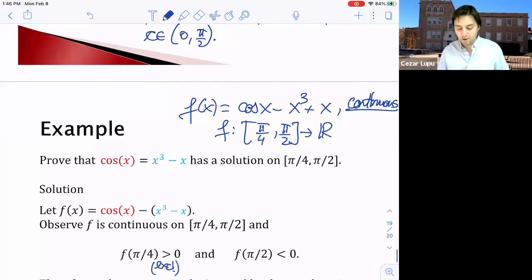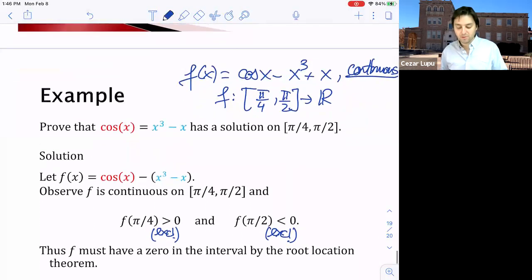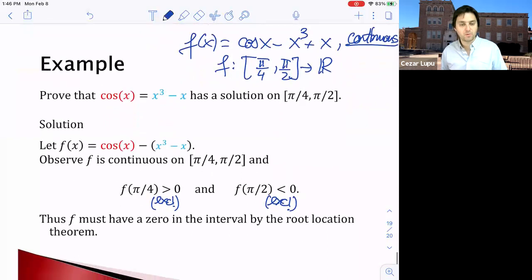And if you evaluate f at pi over 4, it will be positive, and at pi over 2 will be negative, right? Again, I'll leave this to you as an exercise. Again, by the root location theorem, there must be a 0 between these two, right?